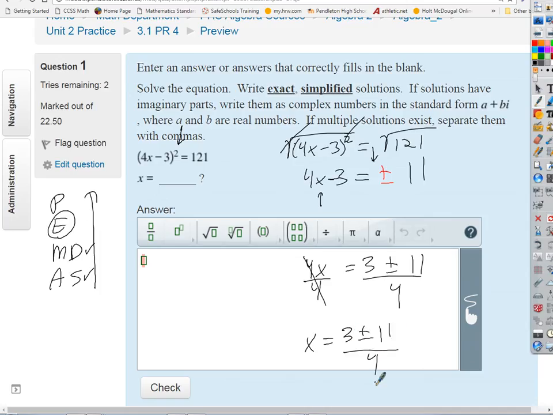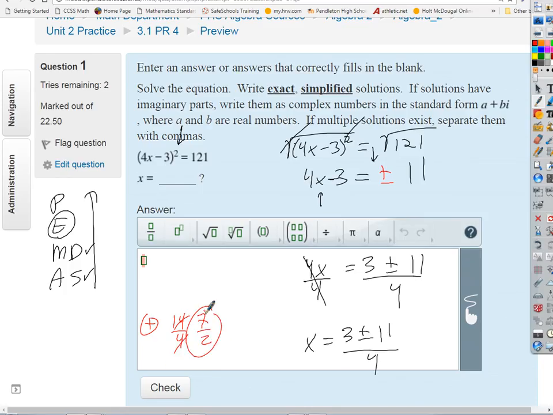So if we take the plus sign, 3 plus 11 is 14 over 4. So one solution with the positive sign is 14 over 4, which reduces to 7/2. So there's one solution.